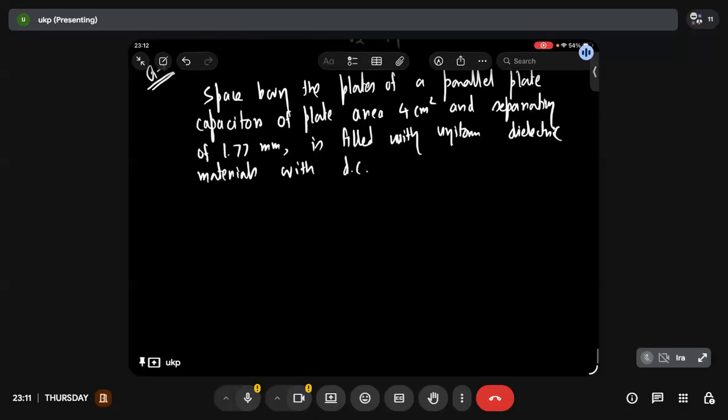What is the dielectric constant? The dielectric constant is 3 and 5 as shown in figure. Full stop.